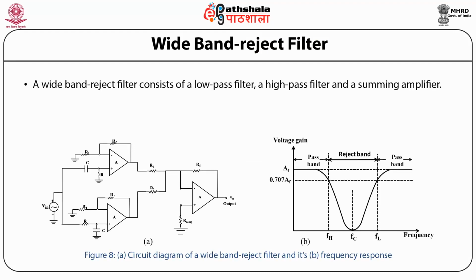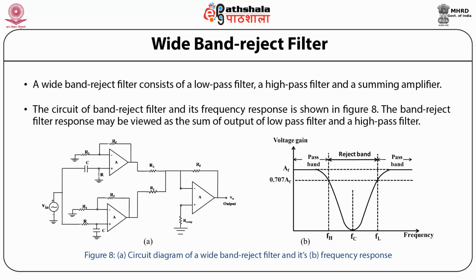A wide band reject filter consists of a low pass filter, a high pass filter and a summing amplifier. The circuit of band reject filter along with its frequency response is shown. The band reject filter response may be viewed as the sum of output of low pass filter and a high pass filter.